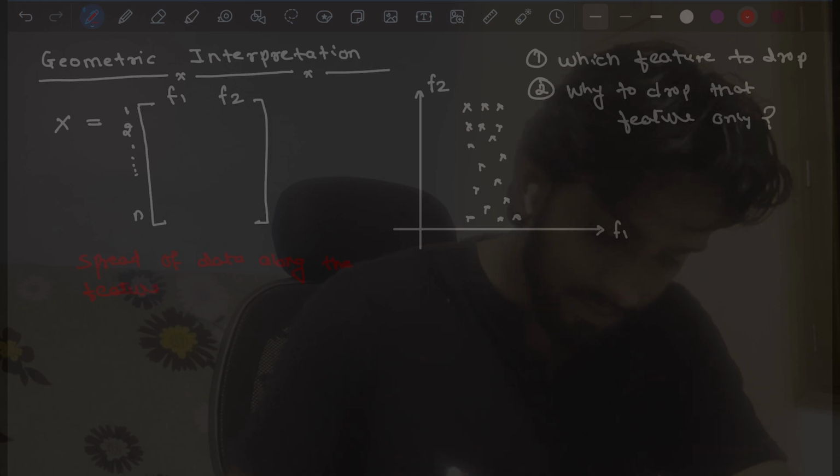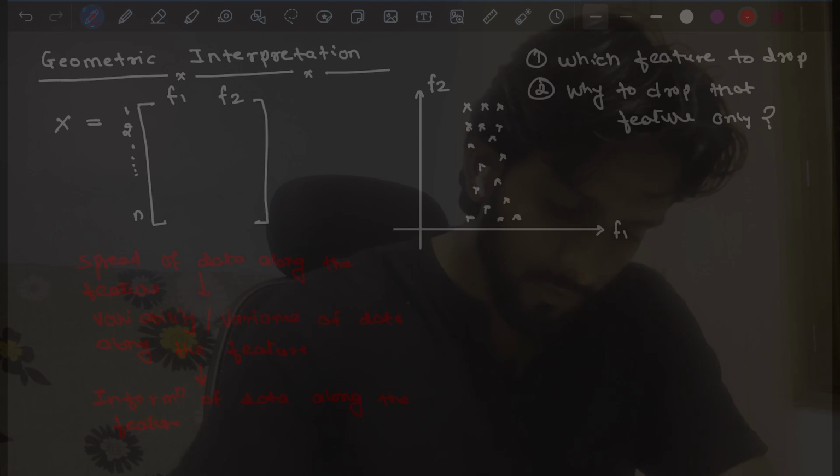In mathematical terms, it's a variability or variance of data along the axis, along the feature. And in very plain English terms, it's the information of data along the feature, right?